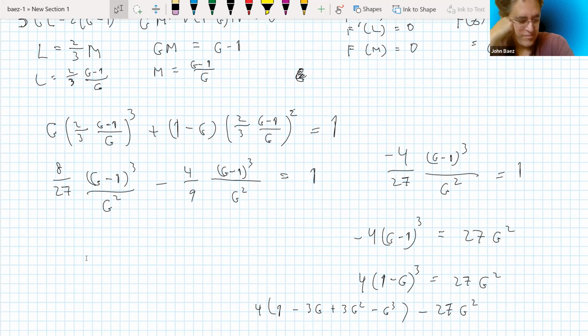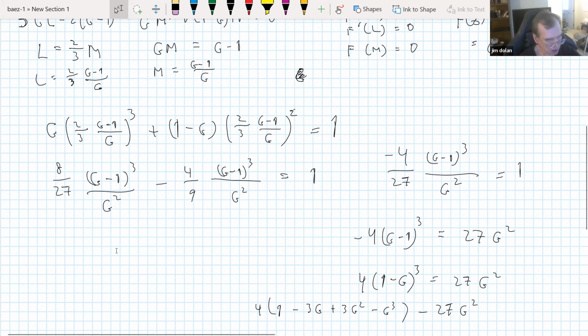Was it just a polynomial in G, or did it have G and L and M? I think it was in G. How did you do that? I was kind of faking it, but let me see if I can remember what it was.